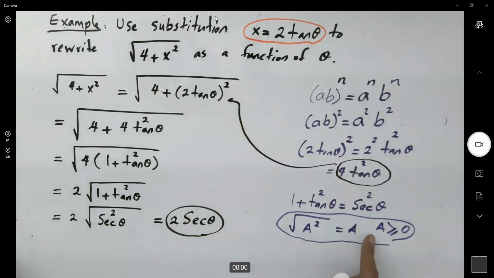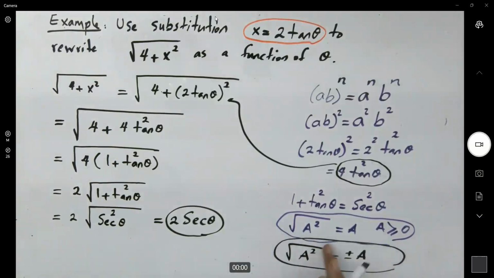Again, remember that if your expression is positive, the square root is a itself. But if you have no idea if the expression is positive or negative, you're going to use plus minus a. Remember these two. Differentiate between these two.